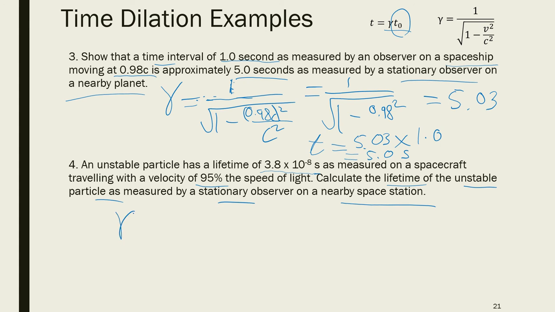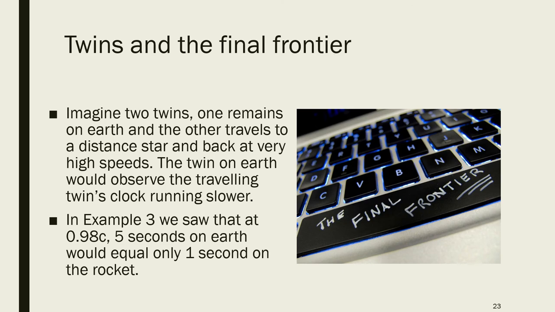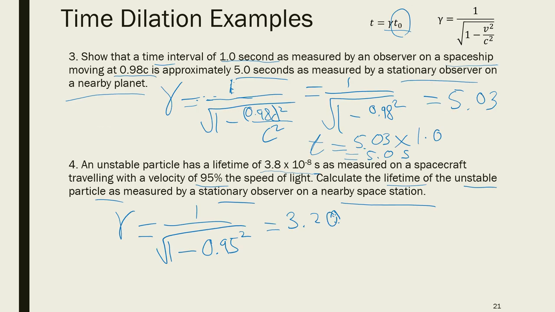So again, Lorentz factor, 1 over 1 take, and this time it's 95%, so I'm just going to skip to 0.95 squared, just to save time. And that'll be 3.2, the Lorentz factor. So it's still significant. Some significant time dilation at 95% the speed of light.